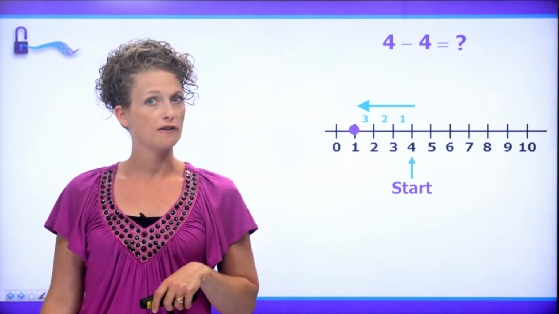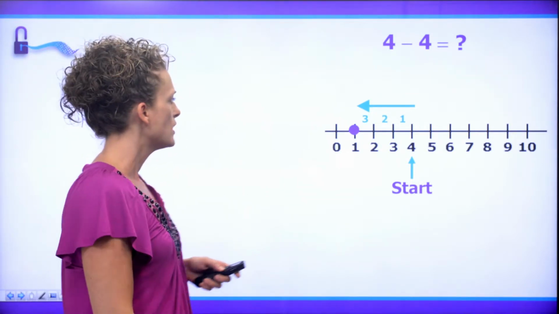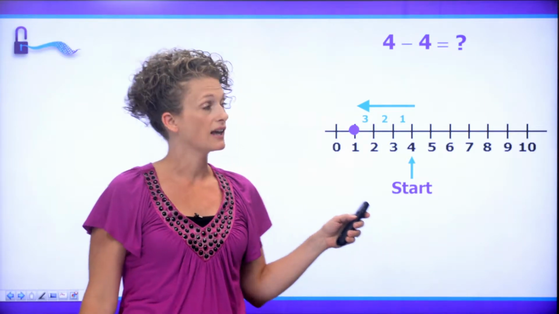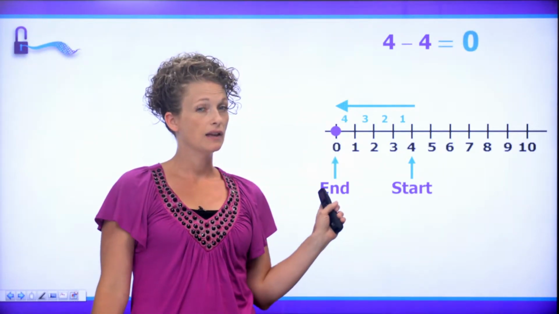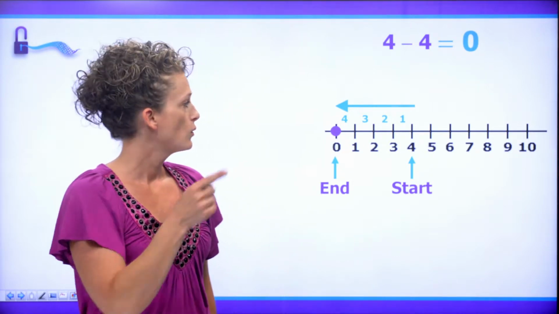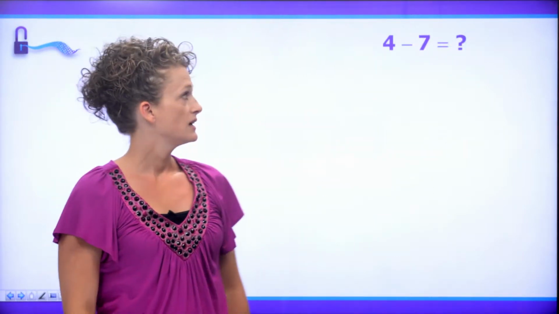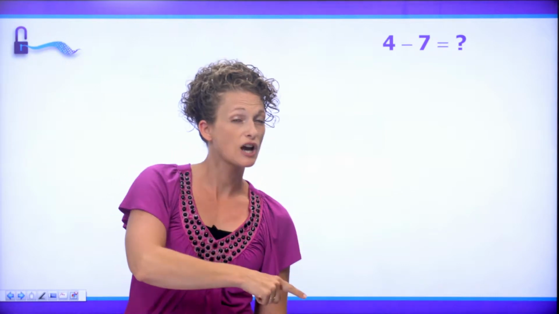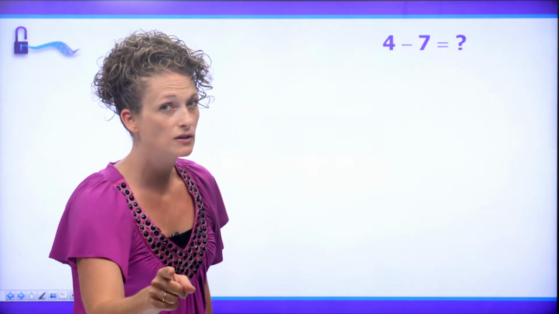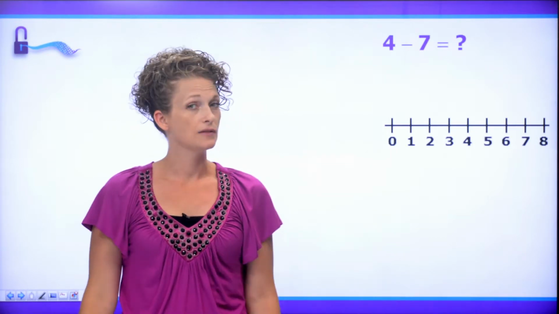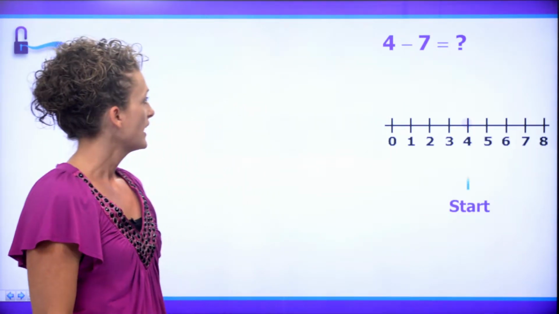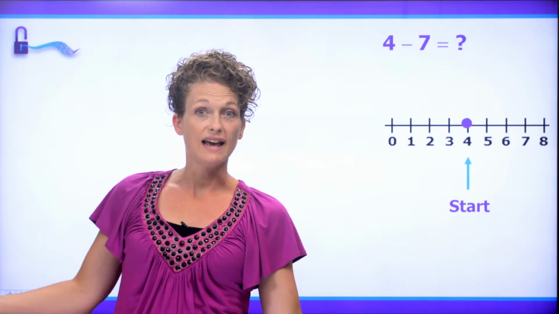All right, well, what if we eat all of our candies and we decide we're going to have 4 subtract 4? Where are we going to end up? Well, we're going to start at the minuend again, and this time we're going to subtract 4, and we end up at 0. Well, what happens if we are trying to subtract a number that is bigger than what we have? Well, here we have the little number line again, and we're going to start, as we said, at the minuend.